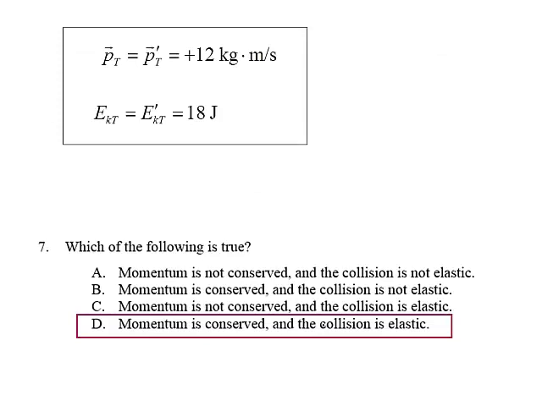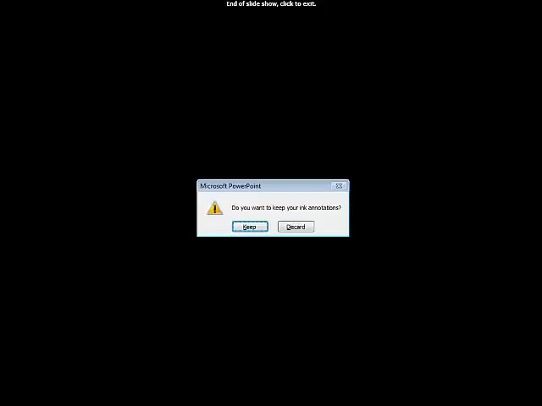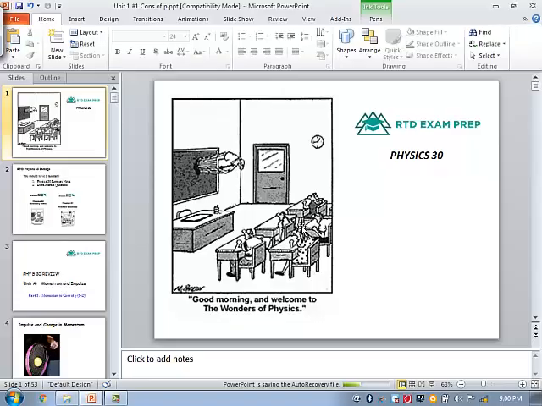So that's why the answer for number 7 is D. Momentum is conserved and the collision is elastic. Okay, that is the end of the presentation for up to collisions in one dimension.